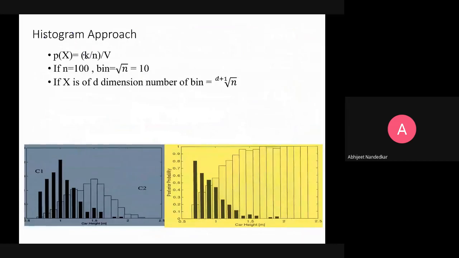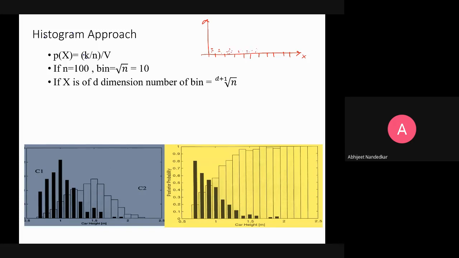I think this point was not covered. The initial way of doing this you can see as the histogram approach. If this is a 1D case and this is your x, the variable, then you can have the probability on the y-axis. Then you can make small bins on this axis and count how many samples fall here, how many samples fall here, and so on.